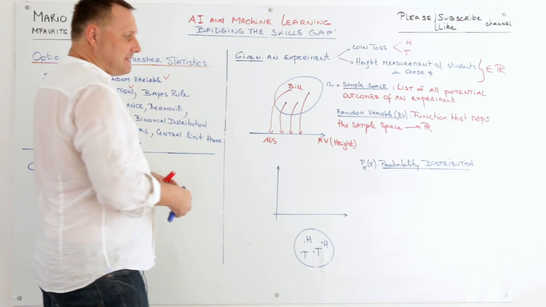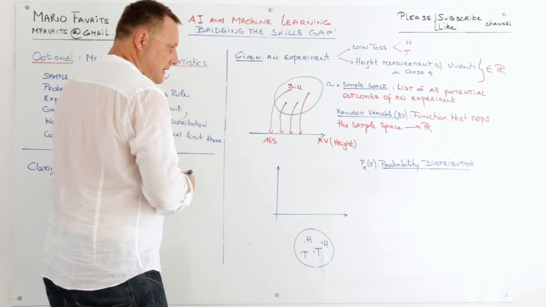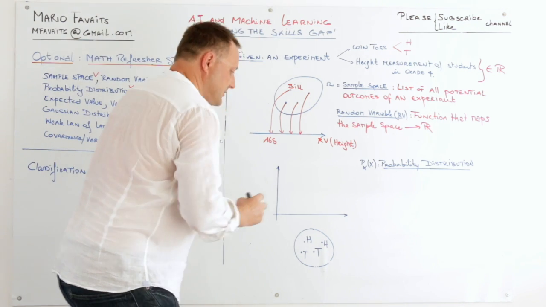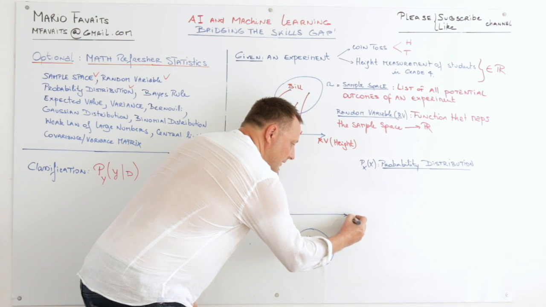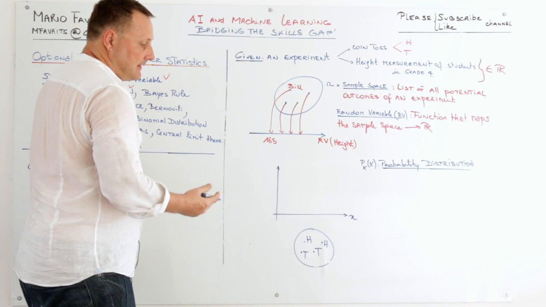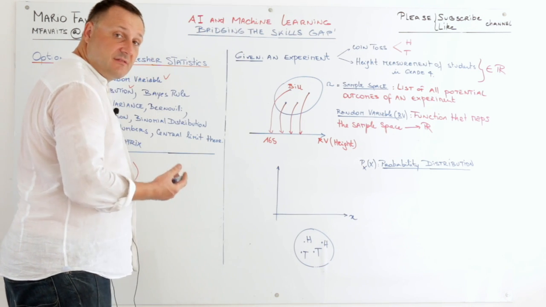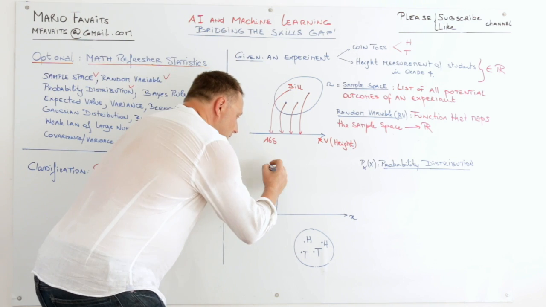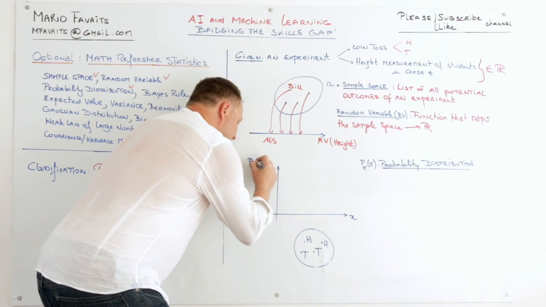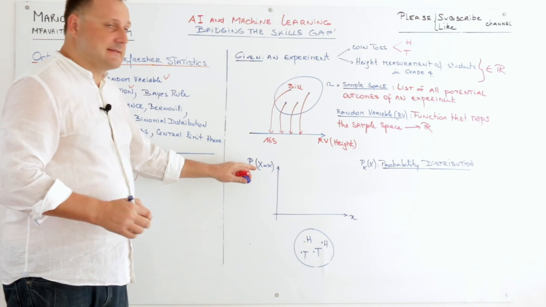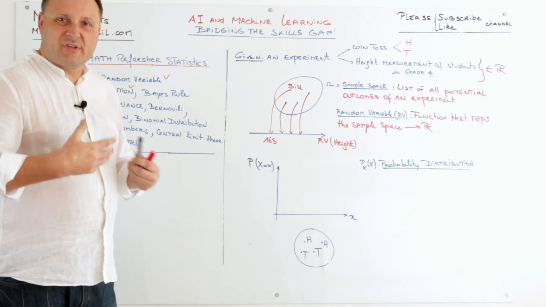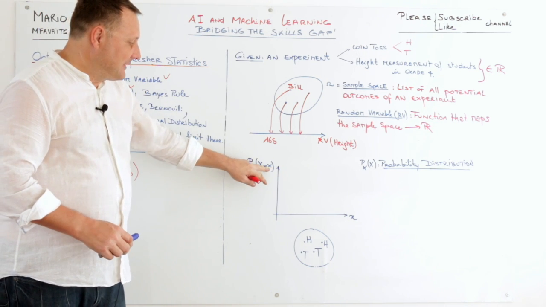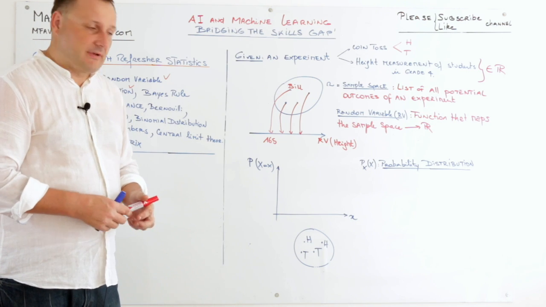What is the probability distribution? Well, the probability distribution, and let's call this X. X is your random variable. And here we have the chance that big X is basically how we symbolize the random variable, where x is actually the real value.